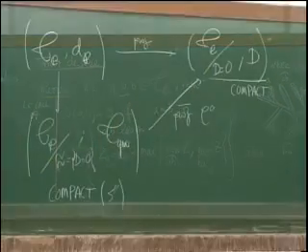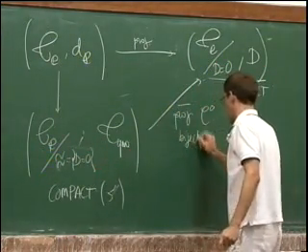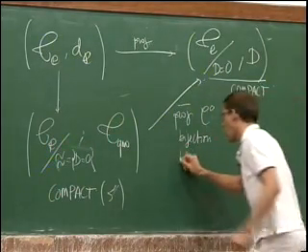So these two sets are the same, so this is a bijection. Well, now I have a continuous bijection between two compact sets, so it's a homeomorphism.